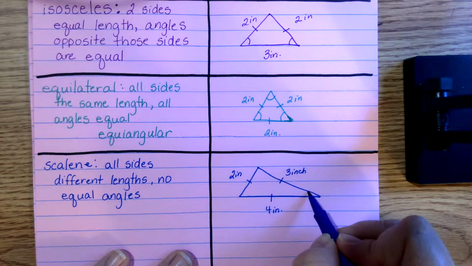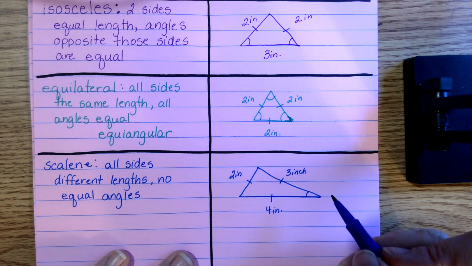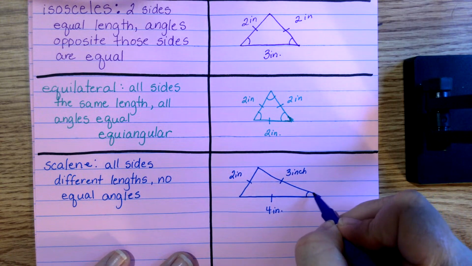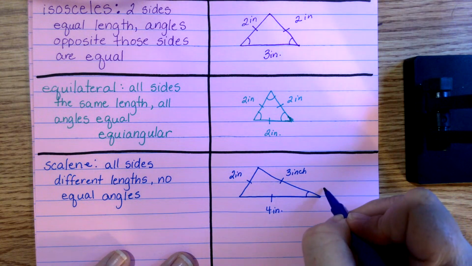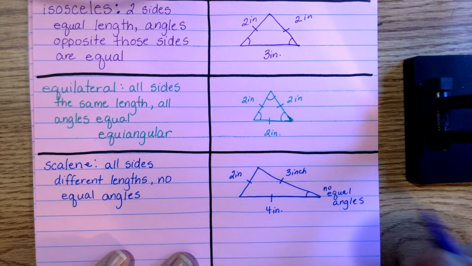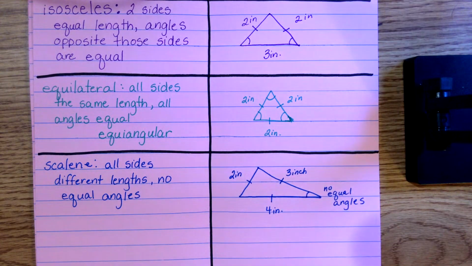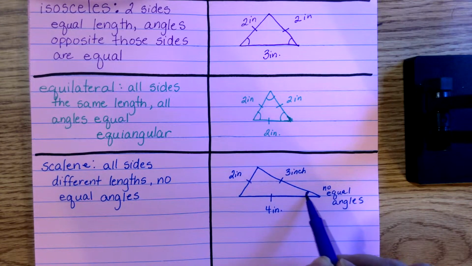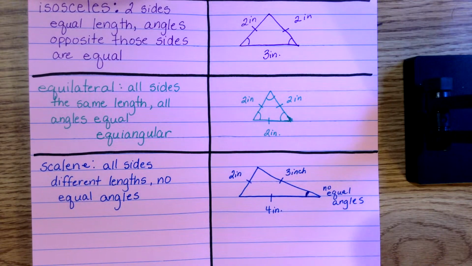And then this does not equal any other angle. So that actually doesn't need to be there if you're drawing it yourself. Just erase it.